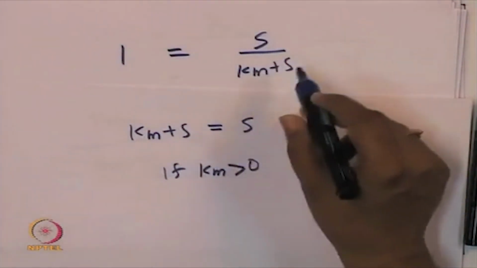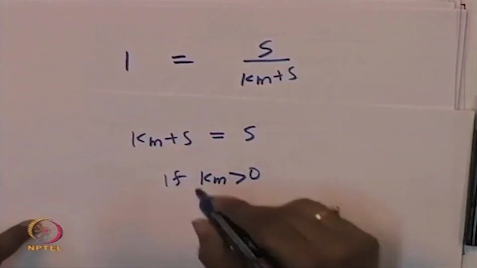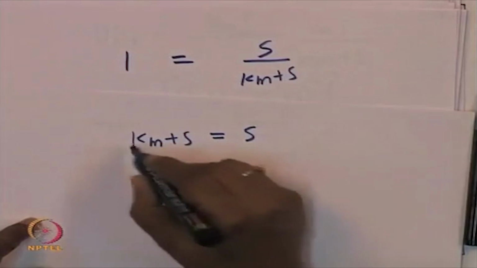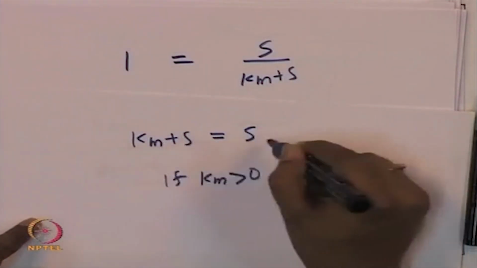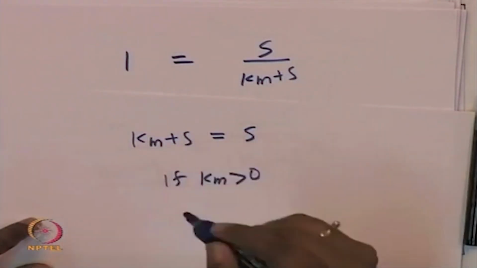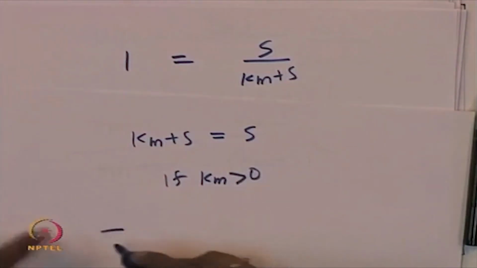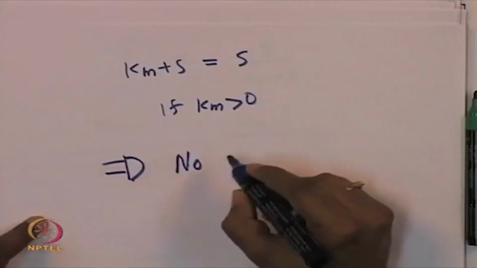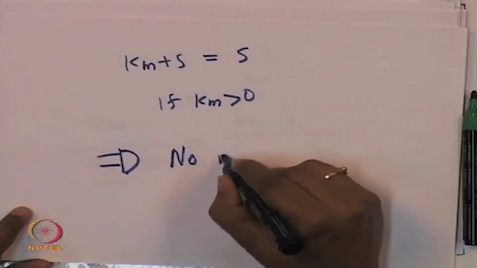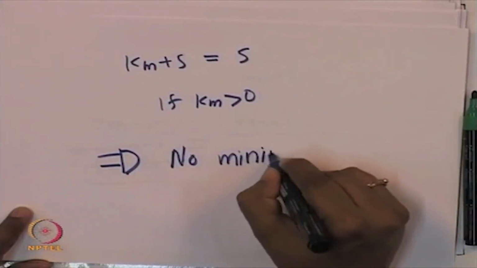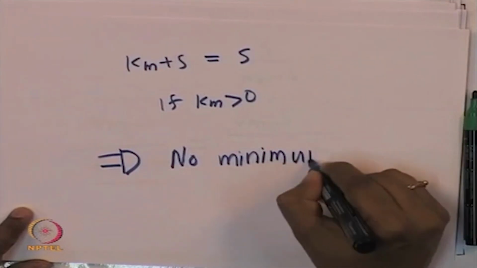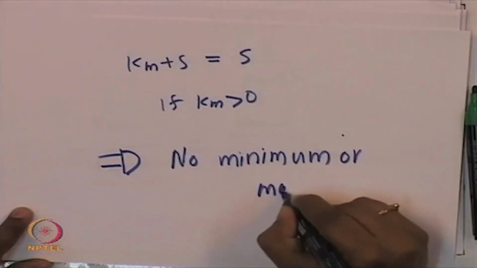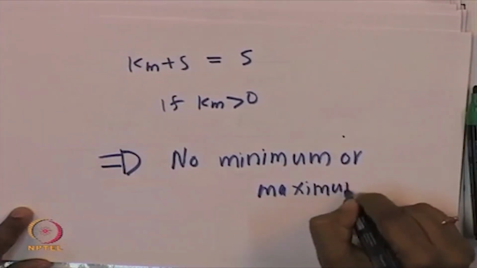So, this dv by ds cannot be 0, because this cannot be true. If dv by ds were 0, this would have to be true, and we know that it cannot be. This implies that there is no minimum or maximum. The derivative cannot be 0.